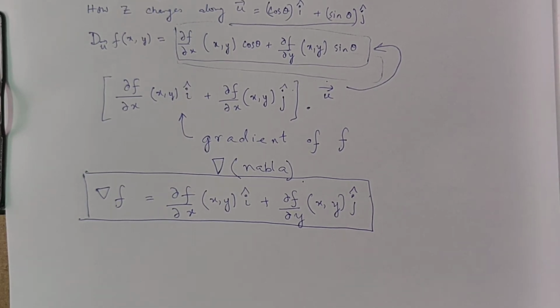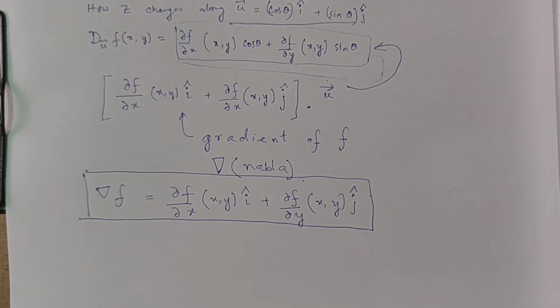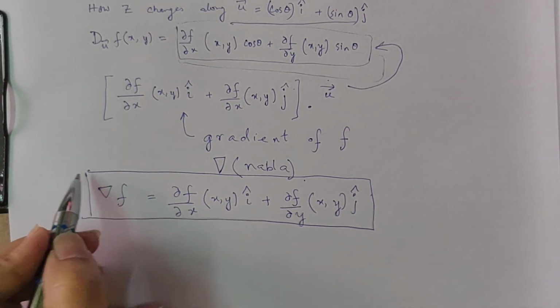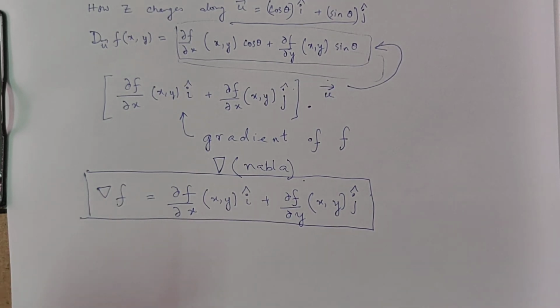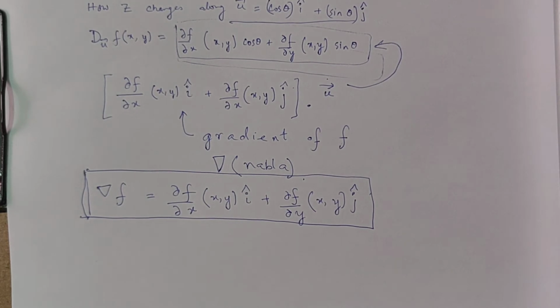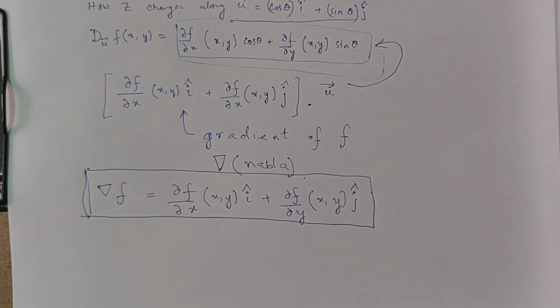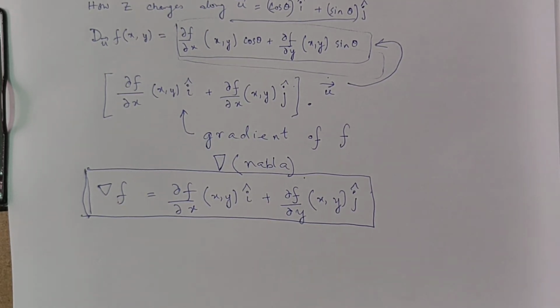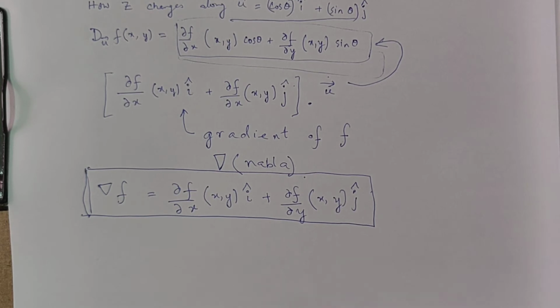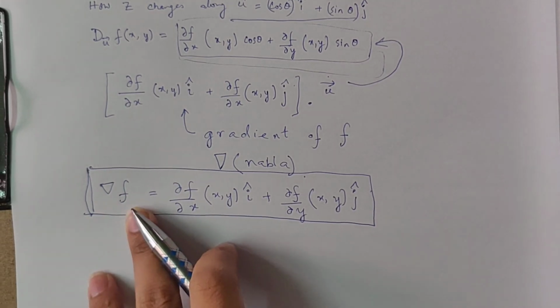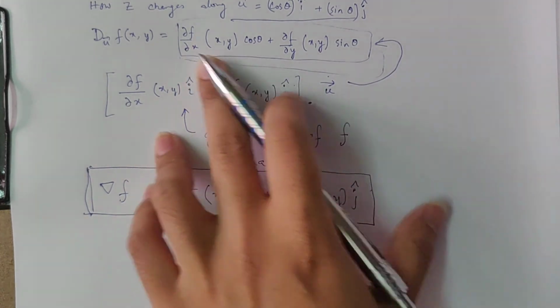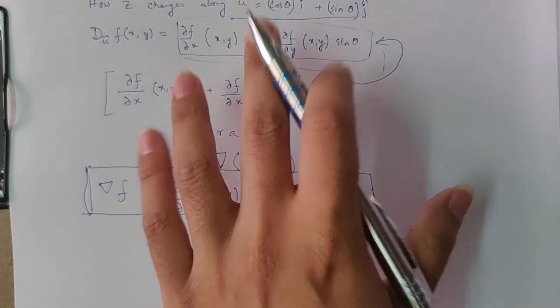That property is that gradient is used to find the directional derivative. If I want to find the directional derivative along a direction u, I just do a dot product of the gradient of the function with the unit vector along that direction. Grad f dot u, I get my directional derivative, right?